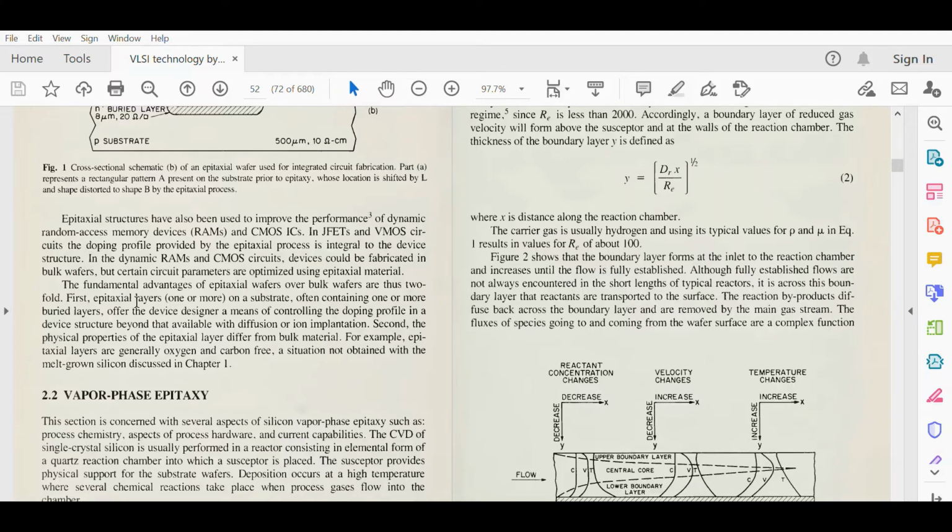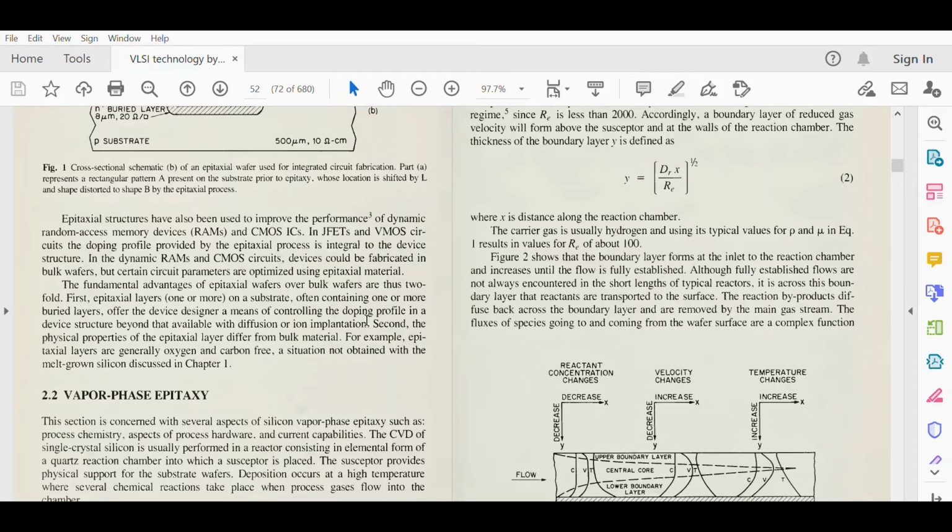First, the epitaxial layer on a substrate, often containing one or more buried layers, offers the device designer a means of controlling the doping profile in the device structure beyond that available with diffusion or ion implantation. So what is the first advantage?